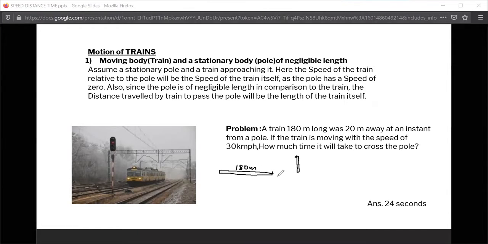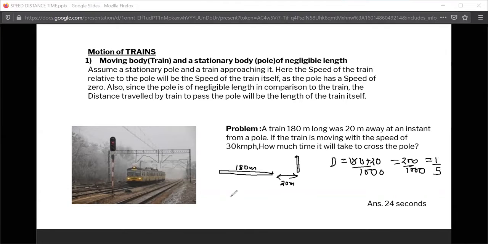This distance is 20 meters. We need to find how much time it will take to cross the pole. To cross the pole, it has to travel the length of its own plus this 20 meters. So distance will be 180 plus 20, and in kilometers it will be divided by 1000. That will be 200 upon 1000, that will be 1 upon 5.